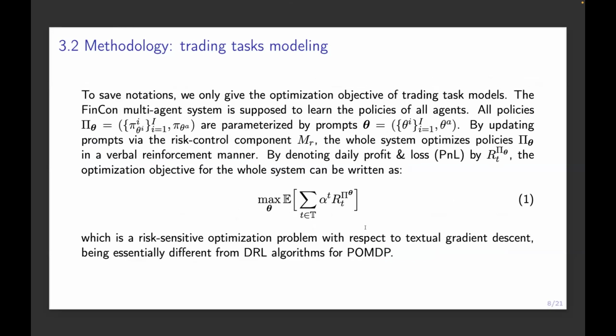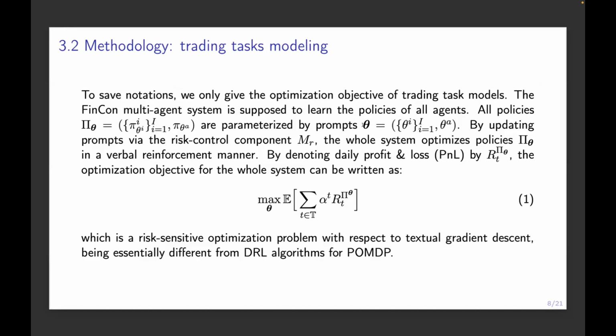And to save on mathematical notation, we only give the optimization objective. The FinCon multi-agent system is supposed to learn the policies of all agents, including the analyst agents and the manager agent. All policies are parameterized by prompts, which is different from traditional reinforcement learning.